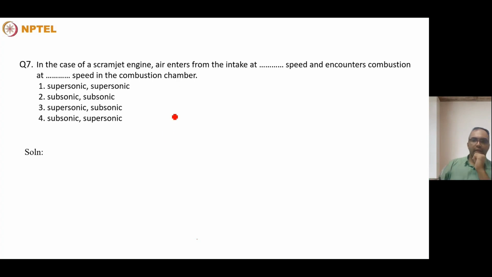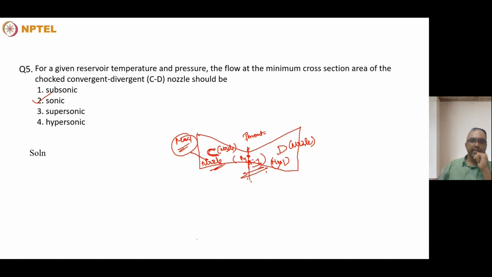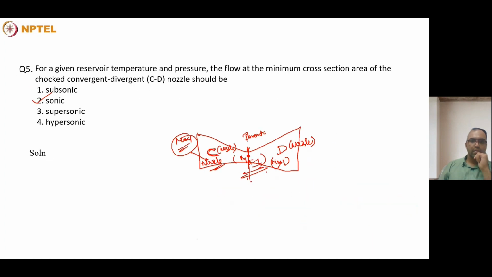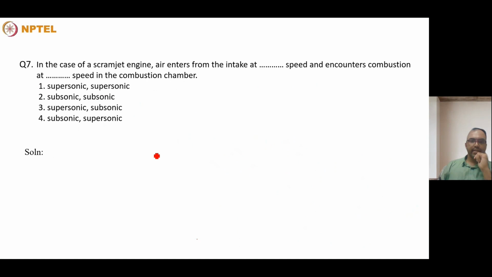So the given question is that of a scramjet engine. In one of the previous questions, we have seen the example of a ramjet engine. The scramjet engine is similar to that of a ramjet engine, but it's a supersonic case. So the answer to this problem is the intake as well as the combustion happens at supersonic speeds.